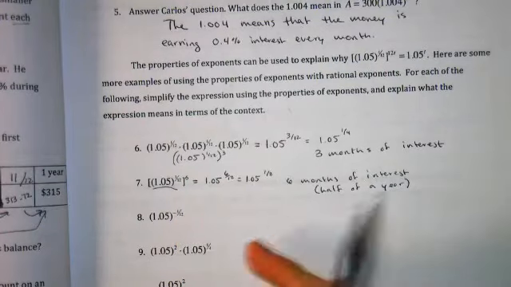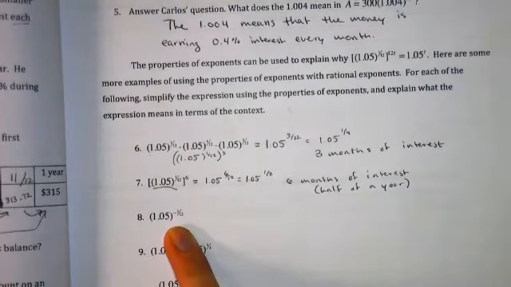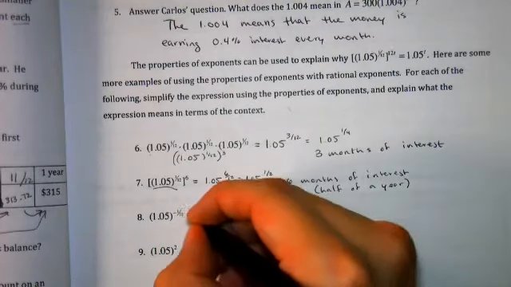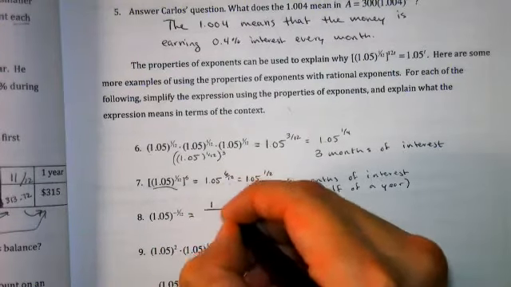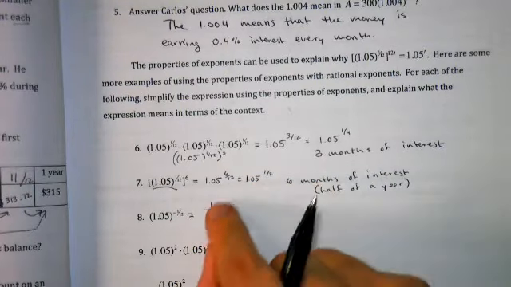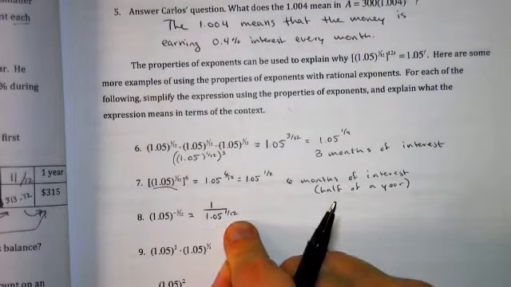Another way would be to think about how much interest you had a month ago, right? In the past, not in the future, but in the past. So this would be 1 over 1.05 to the 1/12. That just means you're dividing by this because it's negative.